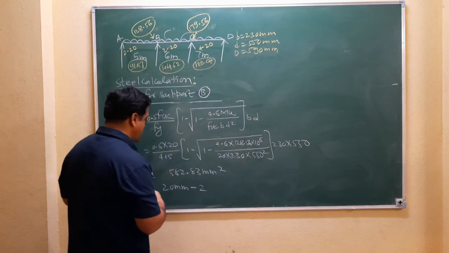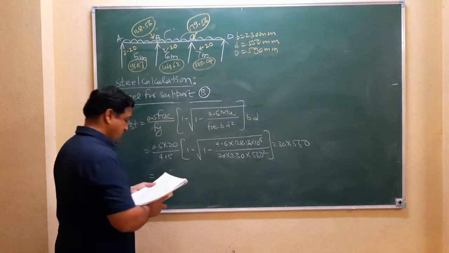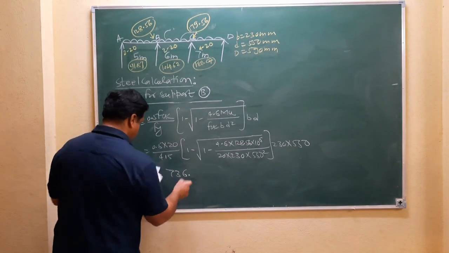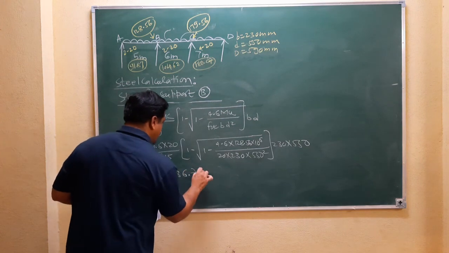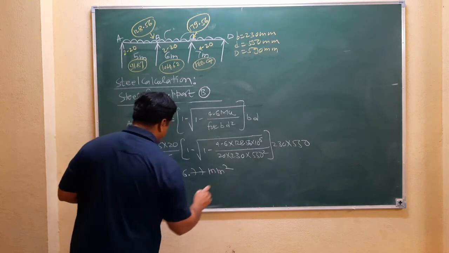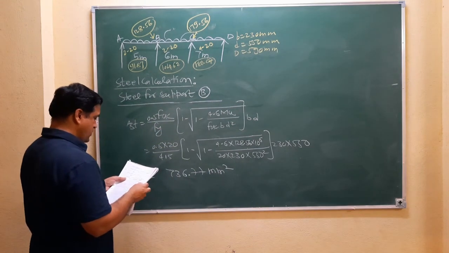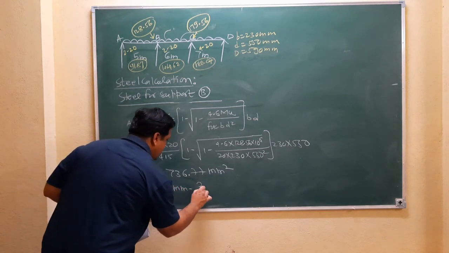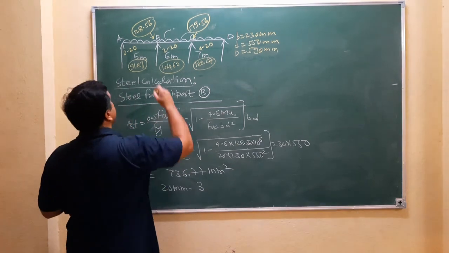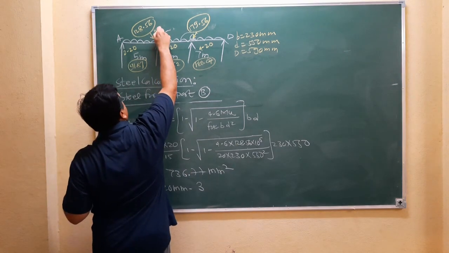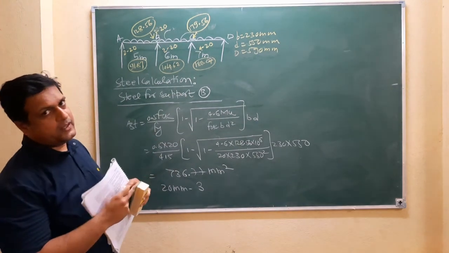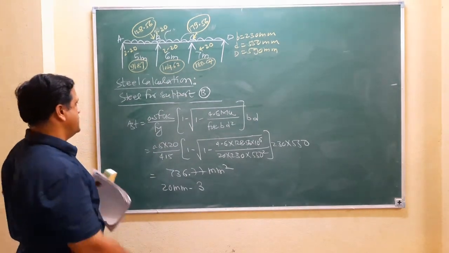All other values are the same, and steel for support B is 736.77 mm square. If you assume the 20 mm bar diameter, 3 bars are required. So here 3 bars of 20 mm diameter at this location.